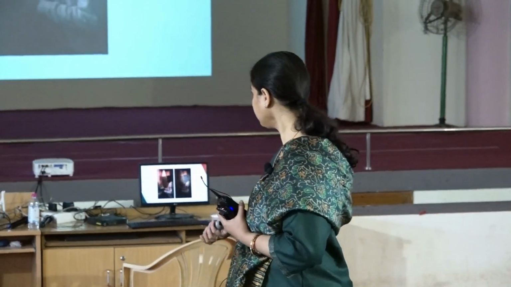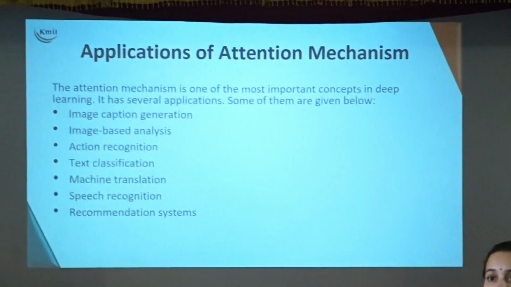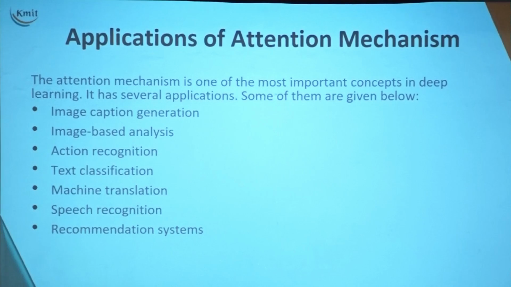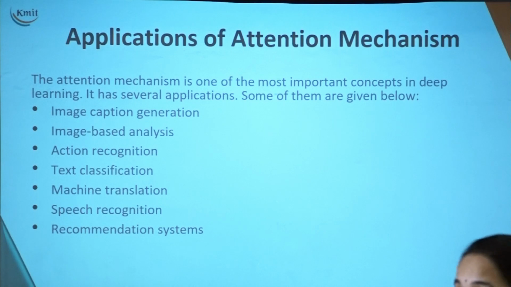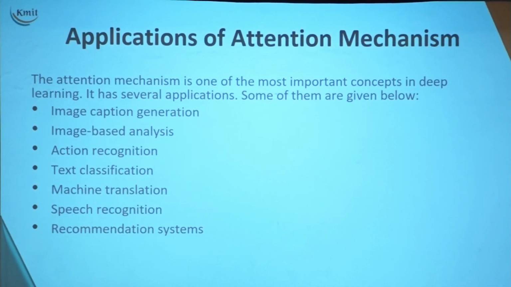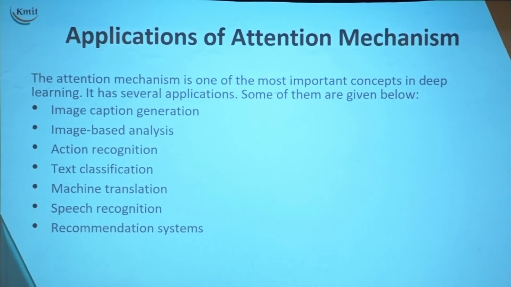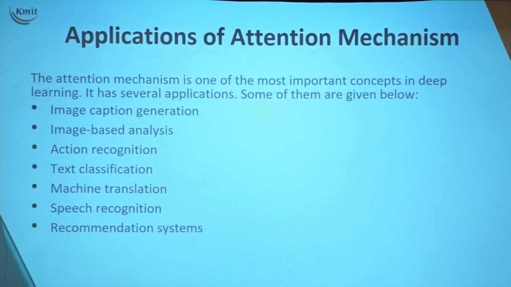Yeah. So what are the applications? Why should you understand this attention mechanism? Consciously or unconsciously, in your day-to-day life, you are using a lot of applications which are based on attention mechanism. Attention mechanism is not only useful in the field of NLP, wherein you are working with sequential data, it is also helpful in the field of computer vision.